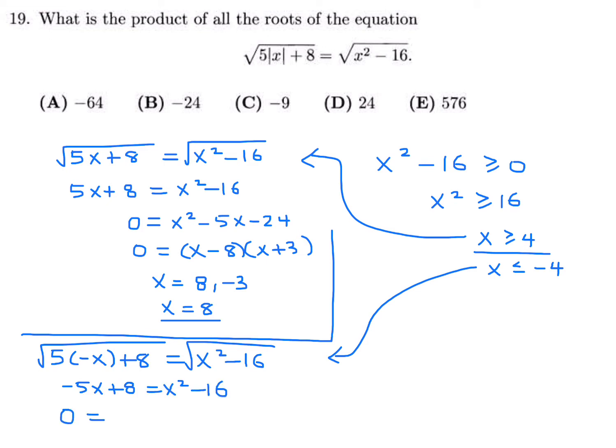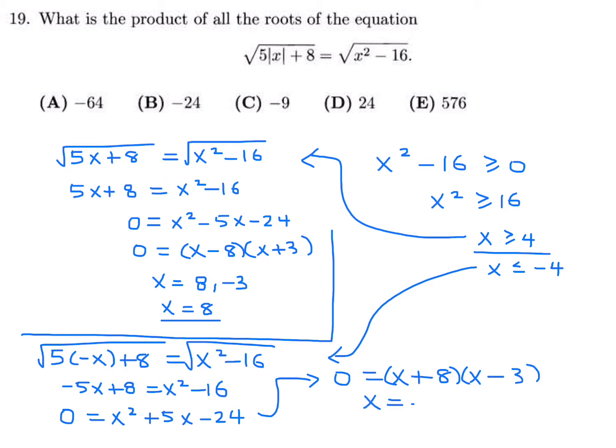Put everything on one side, and you get x squared plus 5x minus 24. And I believe that factors into (x plus 8)(x minus 3). So x is either equal to negative 8 or positive 3. But this particular scenario was calculated for x less than negative 4, so we can reject the 3 and only keep the negative 8.